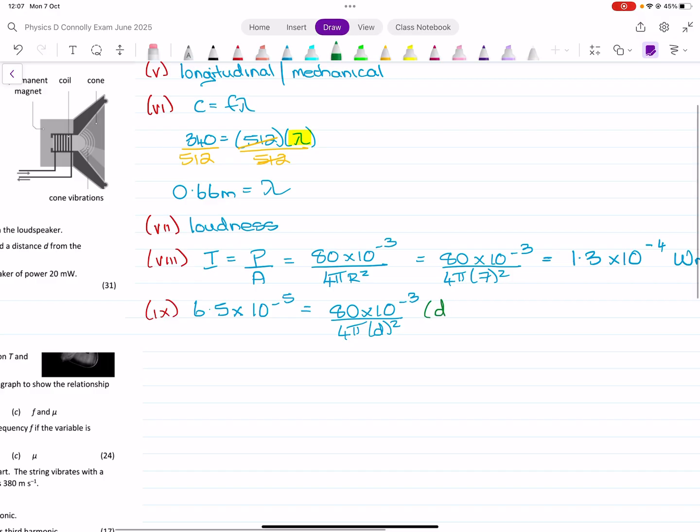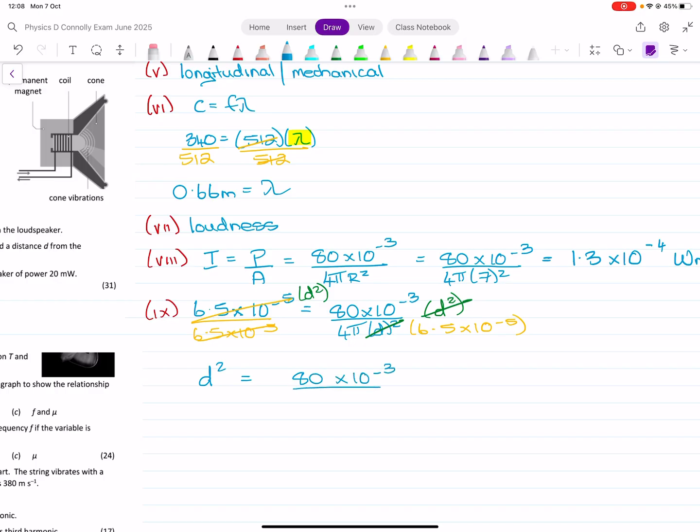If I multiply by d squared to get that off the bottom, and then multiply by d squared over here, and then if I divide by 6.5 by 10 to the minus 5 to get rid of that, and do the same over here. So it gives me d squared on the left, and on the right it gives me 80 by 10 to the minus 3 over 4 pi times 6.5 by 10 to the minus 5.